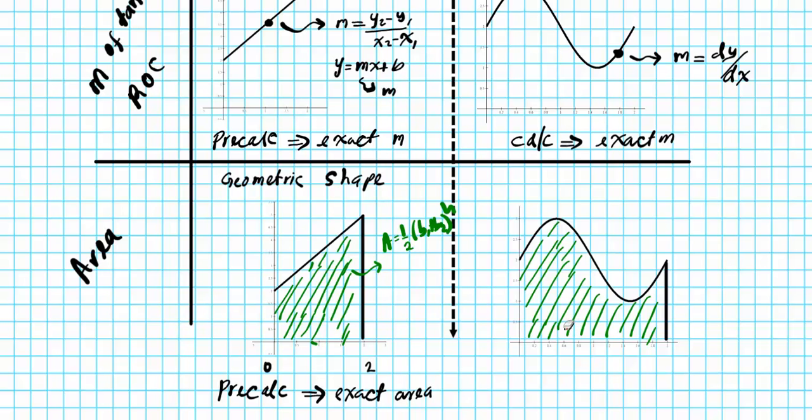You simply cannot. So this is what calculus helps you to do. Calculus can help you to find the exact area of regions like this that result in non-geometric shapes when they're bounded with the x-axis.